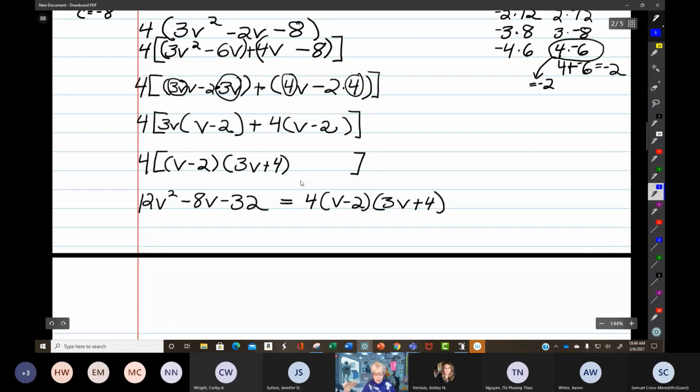And that's what I have every intention of writing in the answer box. But before I do that, we might as well check. Because it's an awful lot of work.